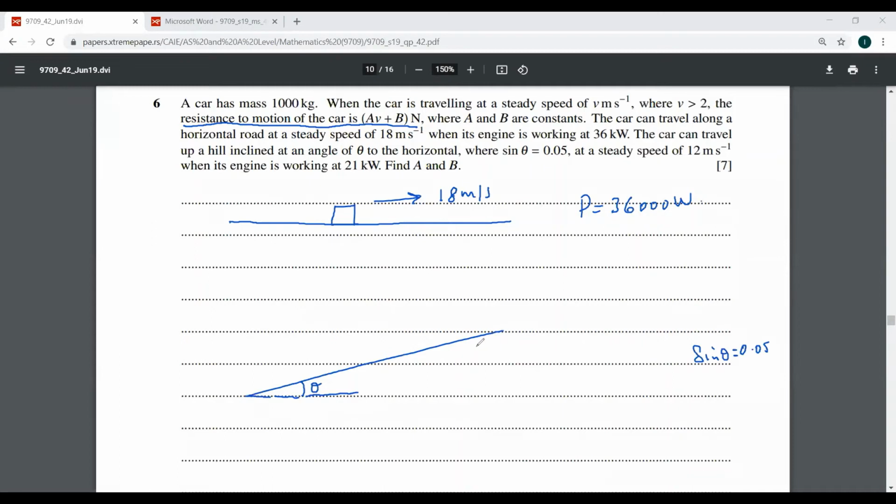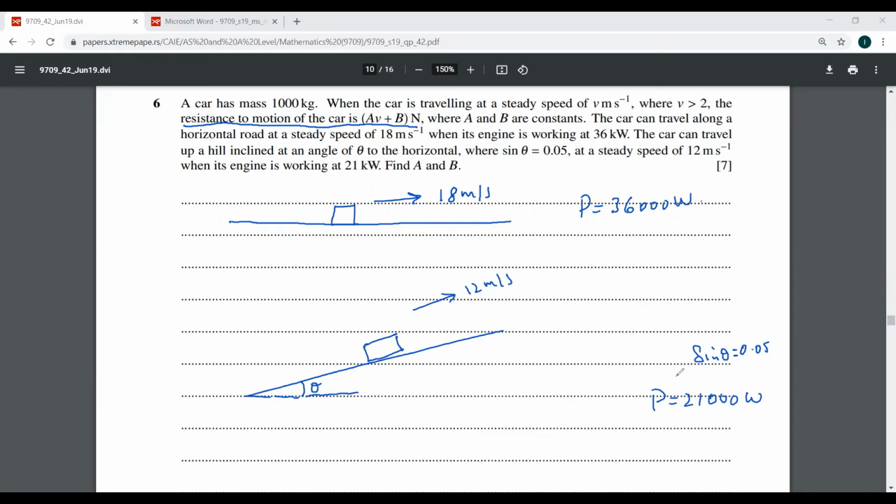It says the car can travel up a hill at a steady speed of 12 meters per second, when its engine is working at 21,000 watts. We have to find A and B.